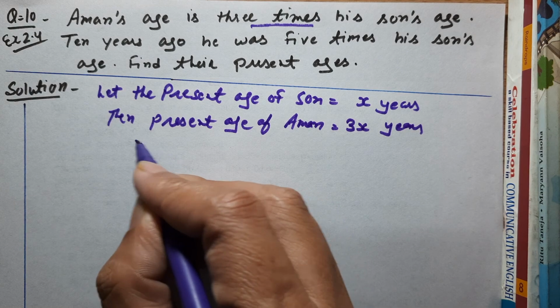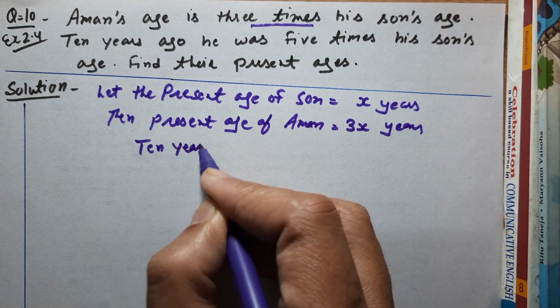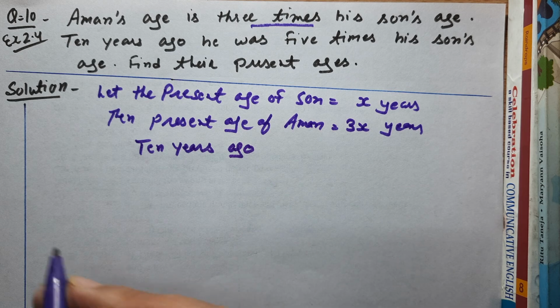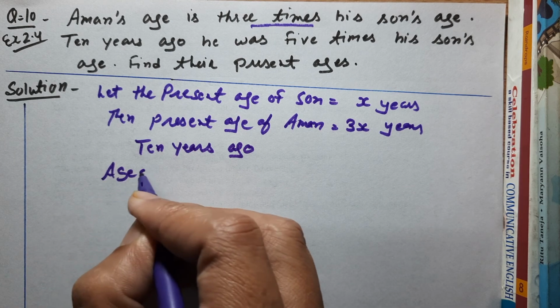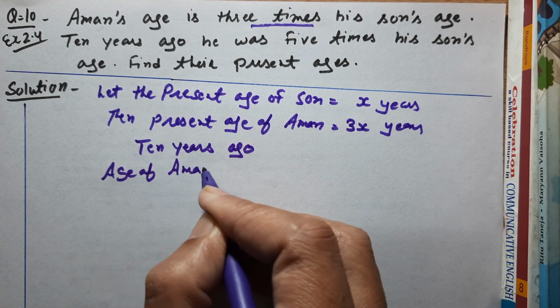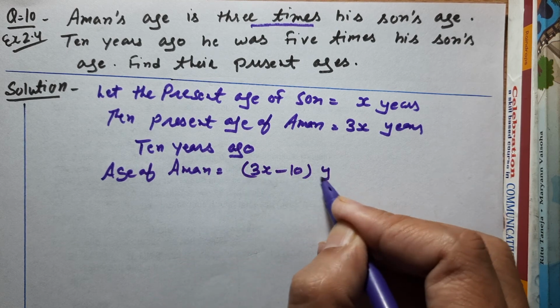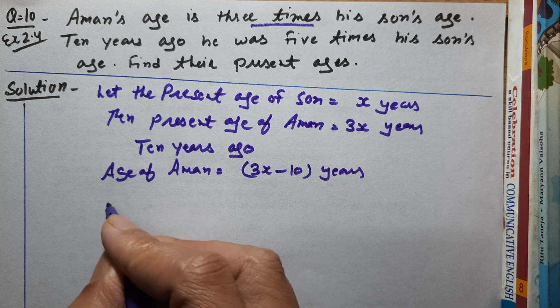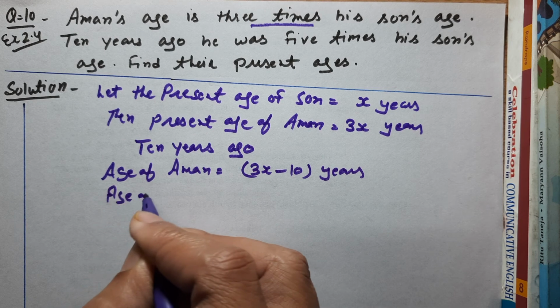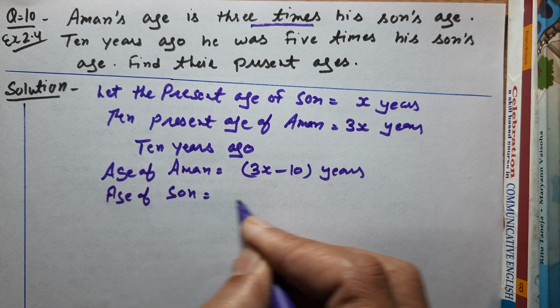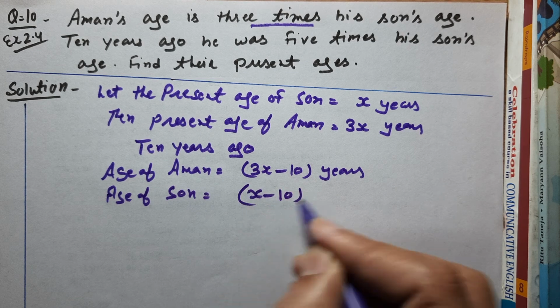But it says 10 years ago. We have discussed, ago means previous. So 10 years ago, the age of Aman was 3x minus 10 years. Age of son, x minus 10 years.